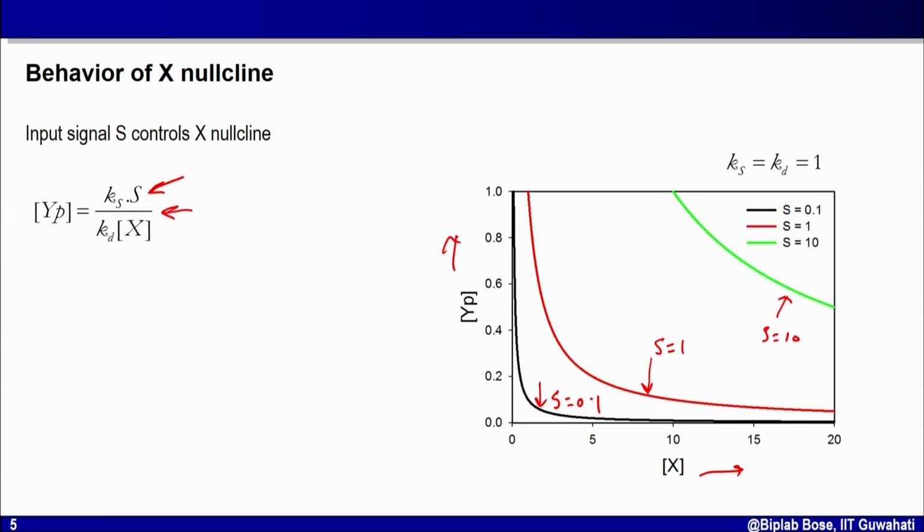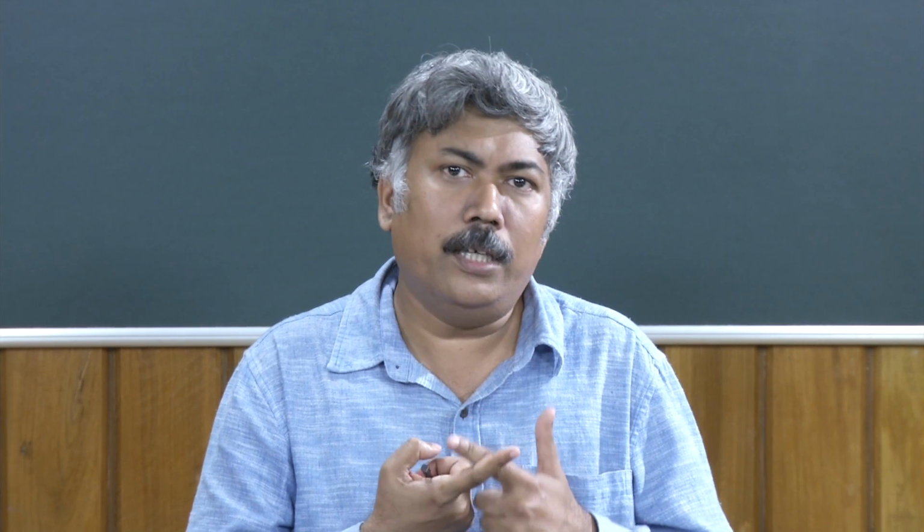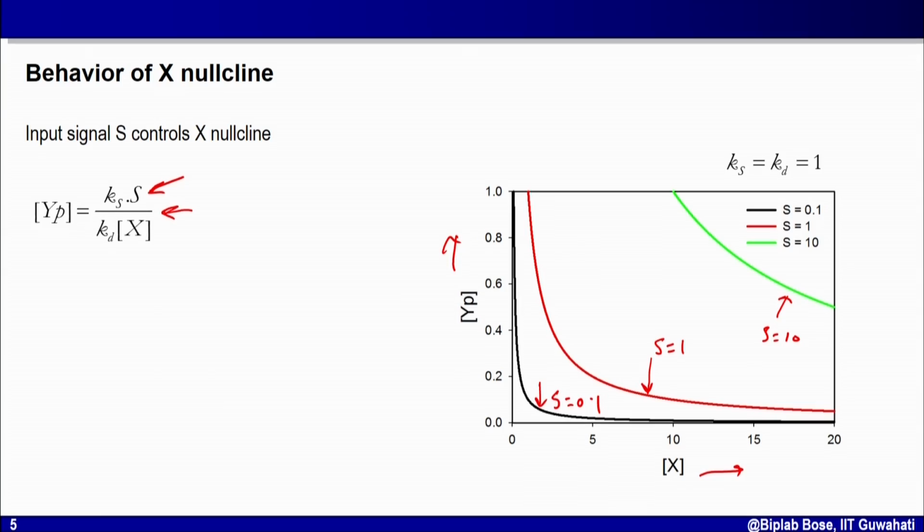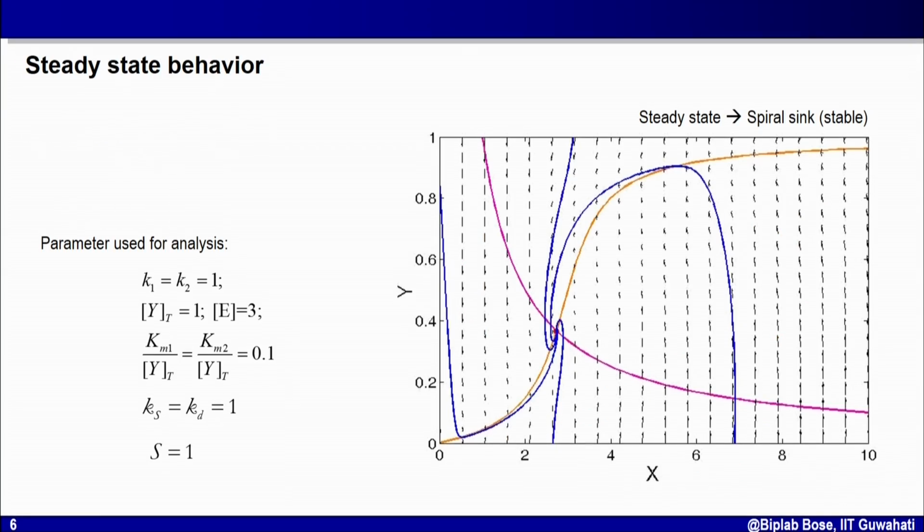Now we will plot both this YP nullcline and X nullcline to identify the steady state. If you remember, the intersection of two nullclines gives the point of steady state. So let us look into that. I have drawn this phase plane plot using a MATLAB tool, and I have kept certain parameter values constant, and those parameter values are given here. The ratio of the Michaelis-Menten constant to the total amount of Y is kept at a lower value, 0.1, and I have used the input signal S equal to 1, and I have kept the phosphatase at 3.